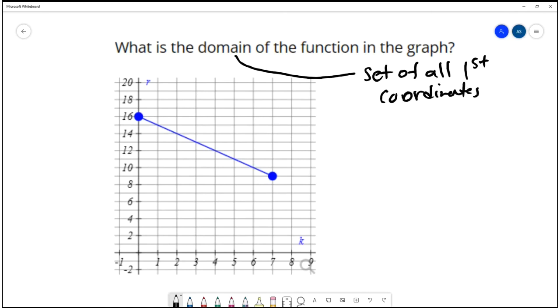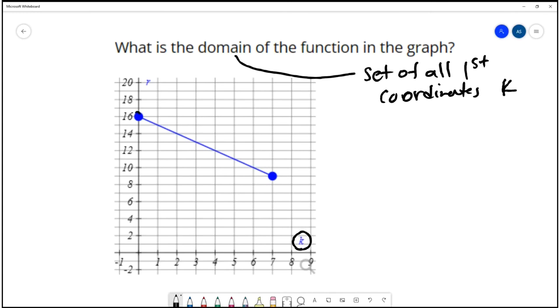And the first coordinates are the ones that we use on our horizontal scale. So for this example, the variable used is k. So our domain is going to be all of the k values that are covered in this picture.